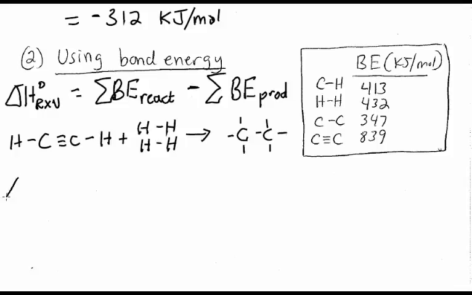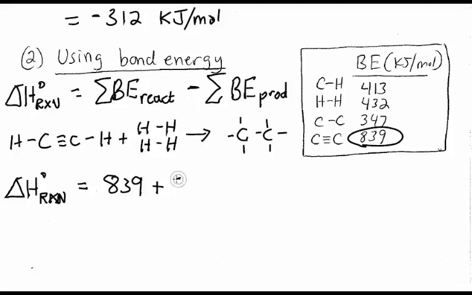And then you can see that the heat of reaction is then given by we have to break one carbon-carbon triple bond, which is 839 kilojoules per mole. And we add that to 2 hydrogen-hydrogen bonds, which are 432 kilojoules. Then we subtract off the products.